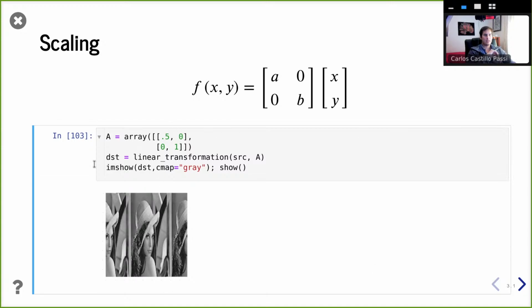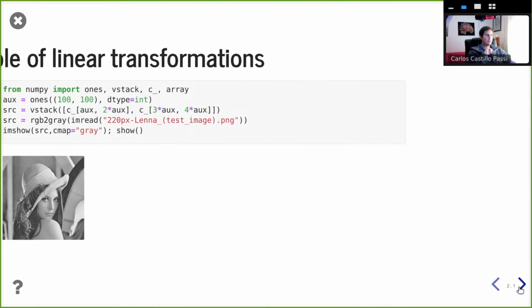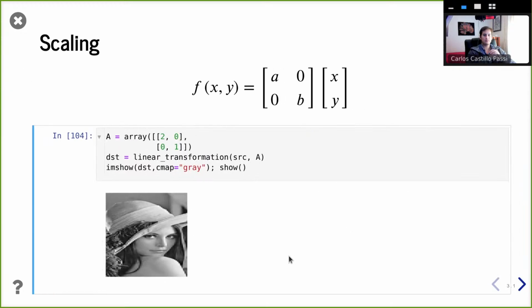Okay, so for scaling, I think we all agree that you can recover the original image from this. What about this? If I gave you this image, also, but what happened to the details that are outside?